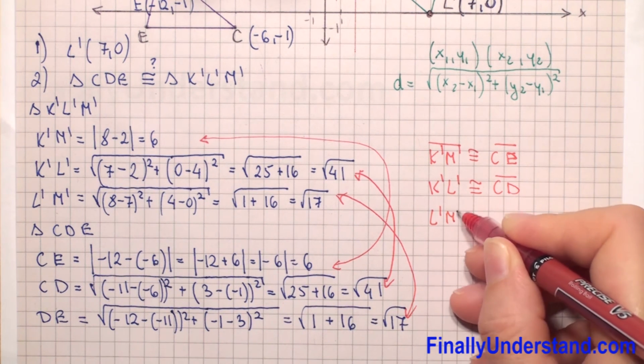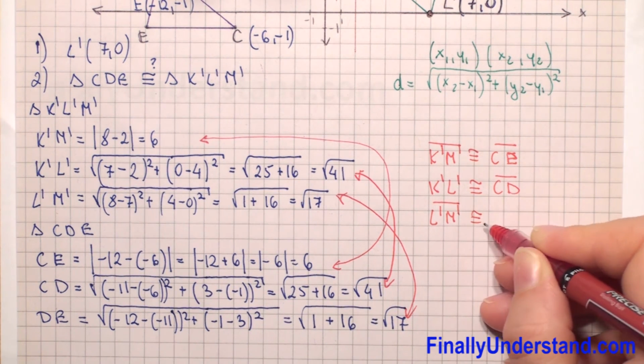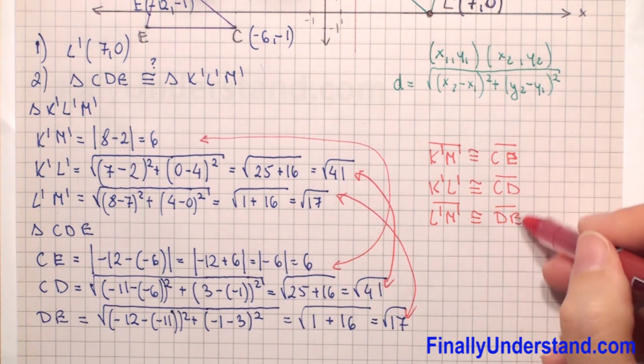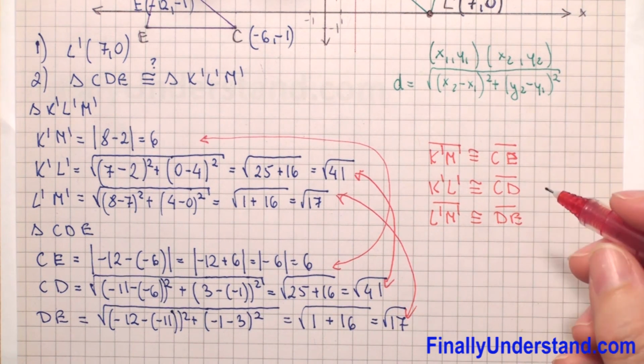Side L prime M prime is congruent to side DE. So we have three congruent sides.